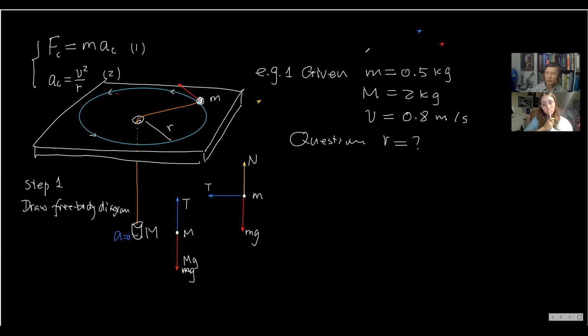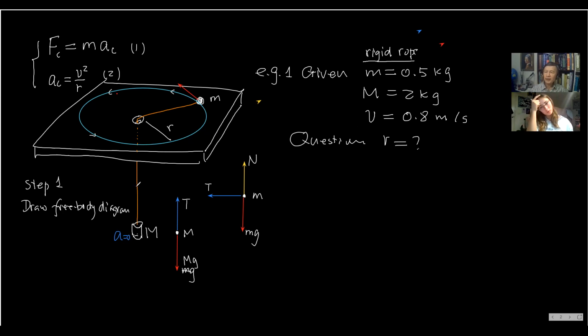So the rope is rigid, we use a rigid wire. It means you cannot extend it. Therefore, these two forces must be equal in magnitude, because you cannot extend, elongate or compress it.